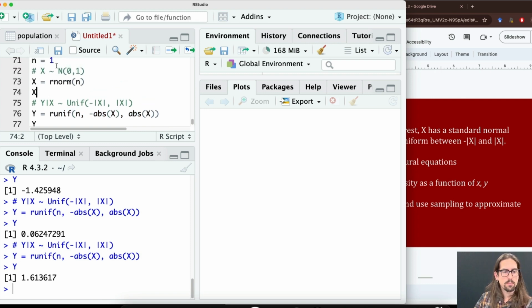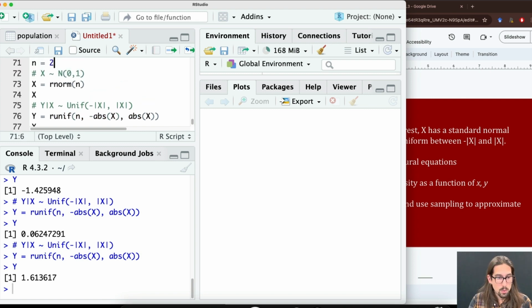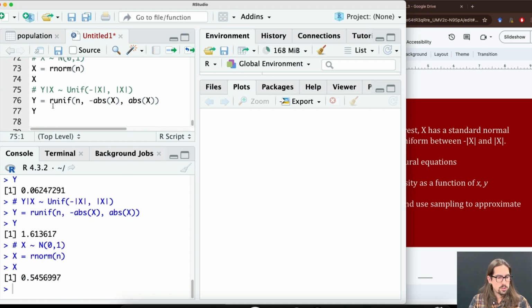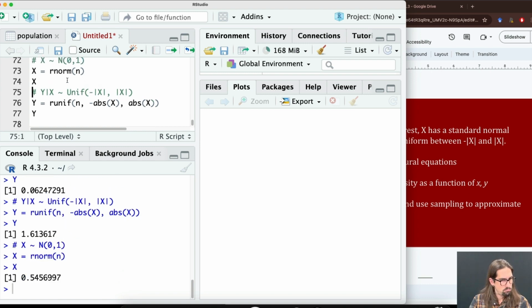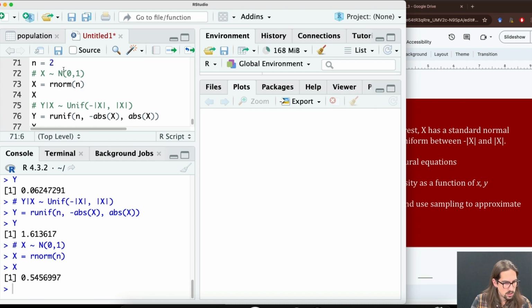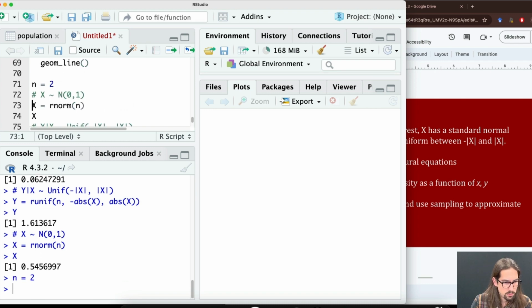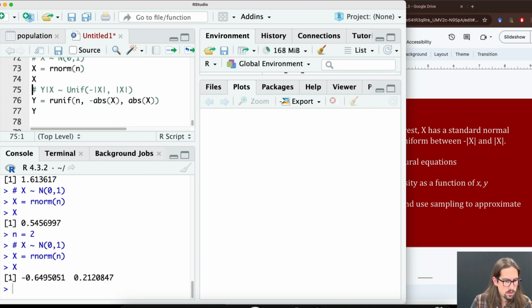Now, if I say n equals 2, then what I'm getting here is 2 values of x. Sorry, one sec. Make sure that worked. N equals 2. Okay, so now I'm getting 2 values of x. So for 2 people in the population, I get one person's value of x, and I got the other person's value of x.